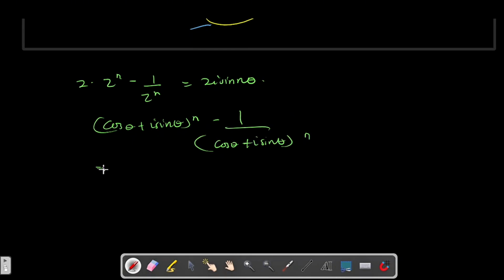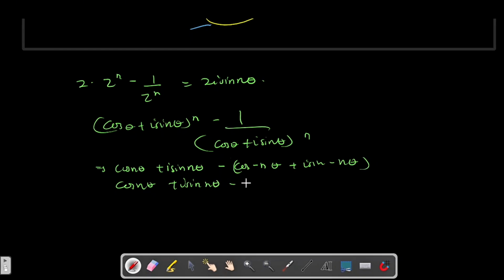So I can have this to be equal to cos n theta plus i sine n theta minus cos negative n theta plus i sine negative n theta, like this. So I just decompose this and I'll get cos n theta plus i sine n theta minus, so this becomes positive, minus cos n theta because cos is an even function.